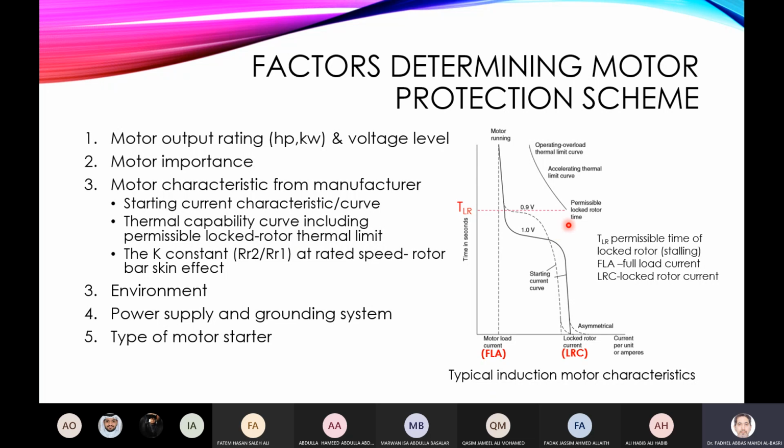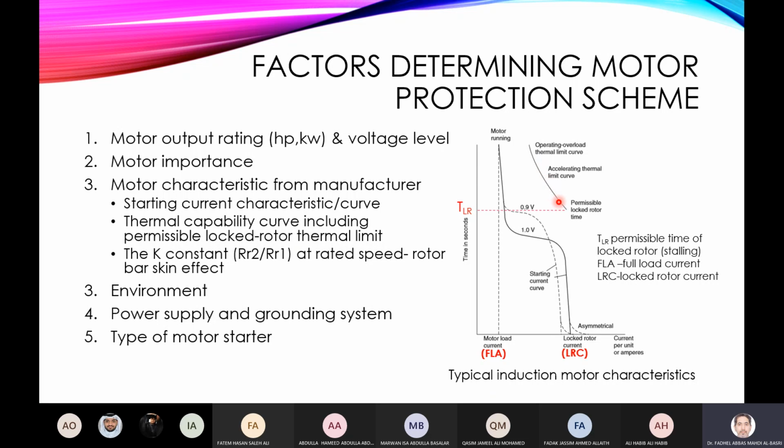Another important characteristic of the motor that we can get is the thermal capability curves, which are related to the insulation temperature. This includes when the motor is running: this current should not exceed this time, otherwise the insulation can get damaged.